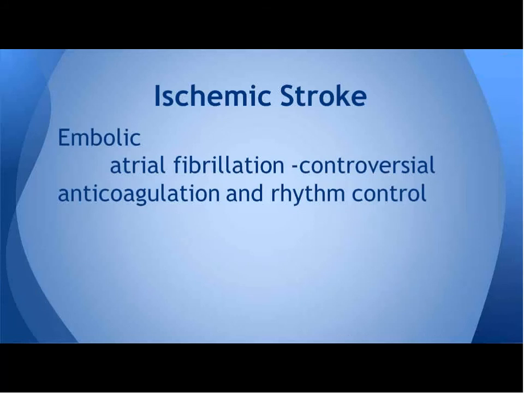If it's a very large area of infarct or ischemia, you do have the risk of converting an ischemic event to hemorrhagic, so avoiding anticoagulation would be appropriate. Rhythm control, again, we're not recommending cardioverting patients who are in atrial fibrillation. Really, rate control is the goal.